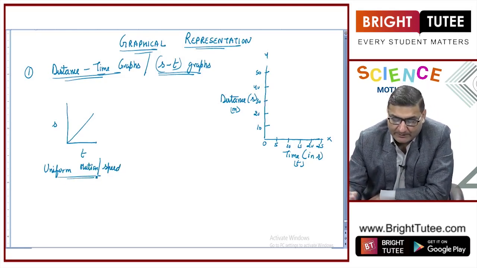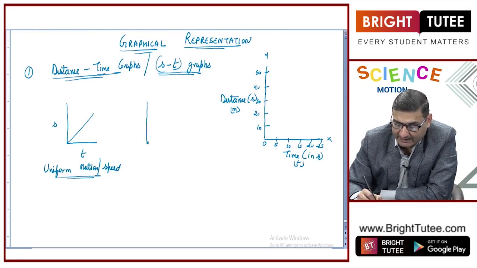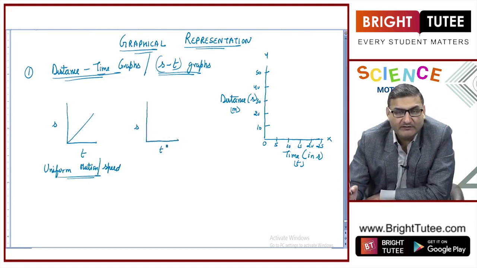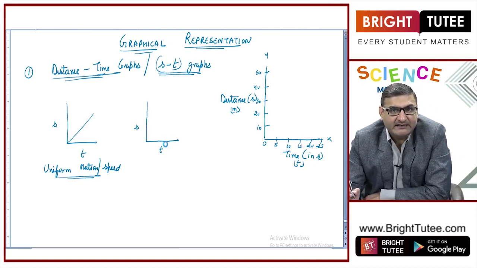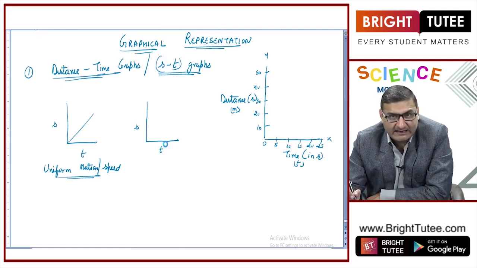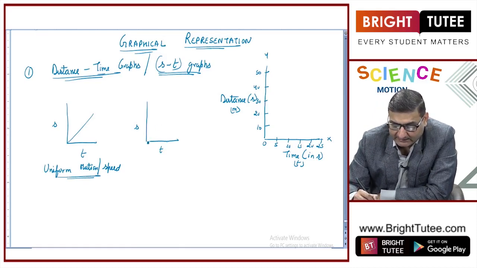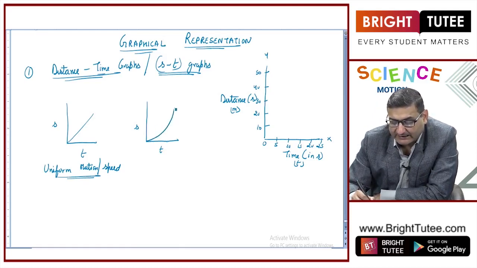Got it? Second option that we may have is that an object is basically moving with a non-uniform motion. That means it is covering distances, but the uniformity, the consistency is not there. So, in that case we will get a curve like this.